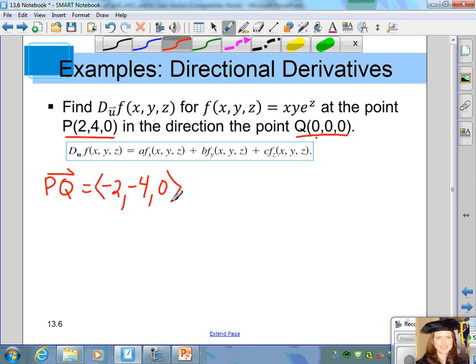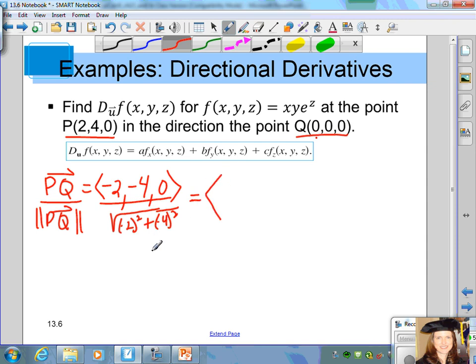Now we need to make this vector a unit vector. We do that by dividing by the magnitude. So if we divide by the magnitude, negative 2 quantity squared plus negative 4 quantity squared, add those together, and then take the square root of that. And then you're going to divide each of the components by that.